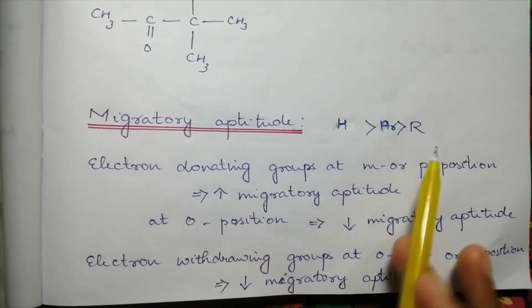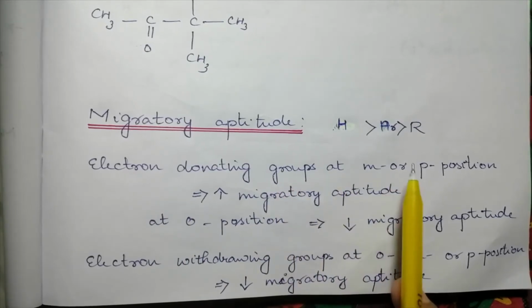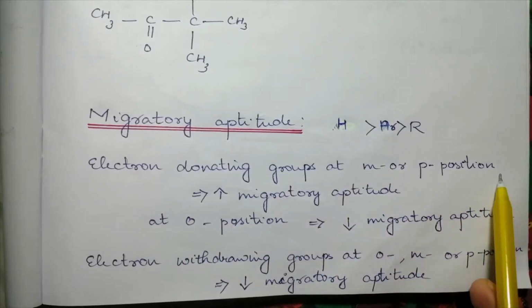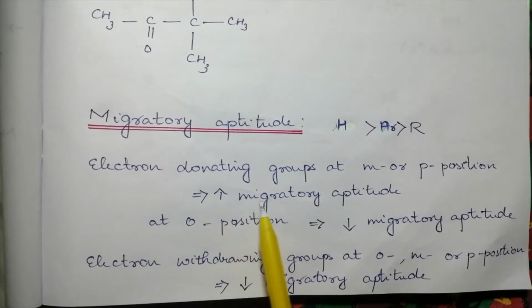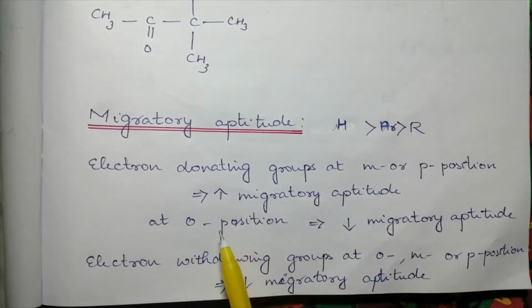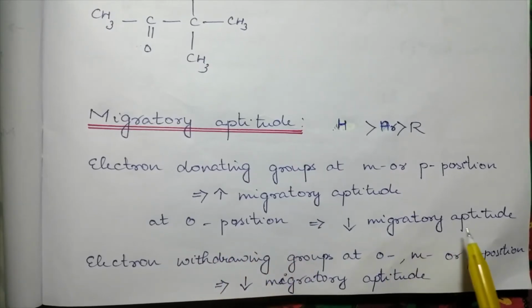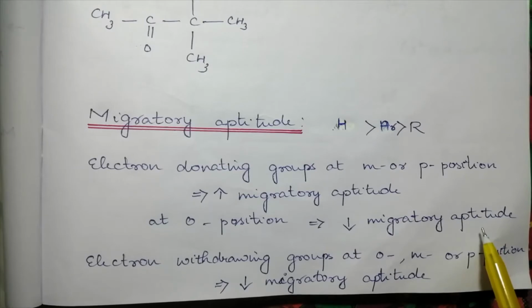Also on the aryl group, if I have electron donating groups generally at the meta or para position, then such groups would have a higher migratory aptitude. But if I have an electron donating group at the ortho position, its migratory aptitude would be less.